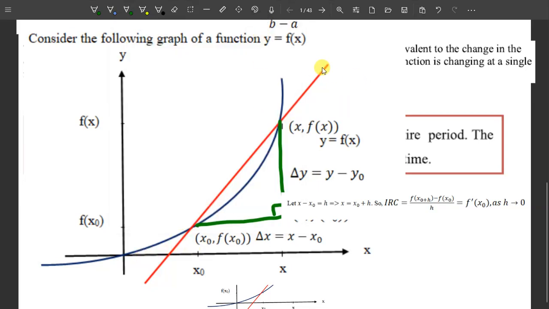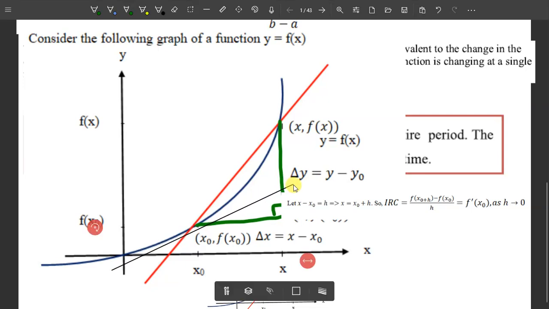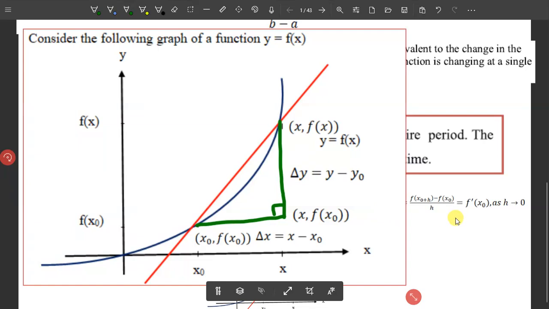Now, if we pull this red line down, then this line will look like this one. Here, let us call this line a second line.